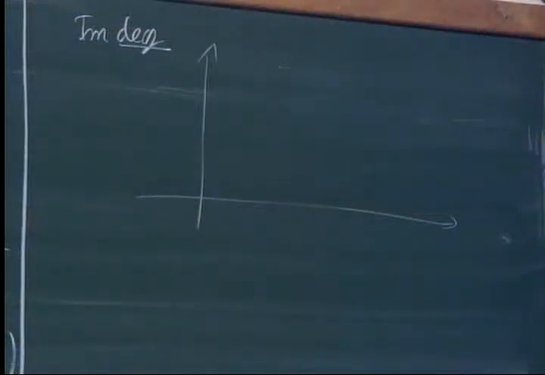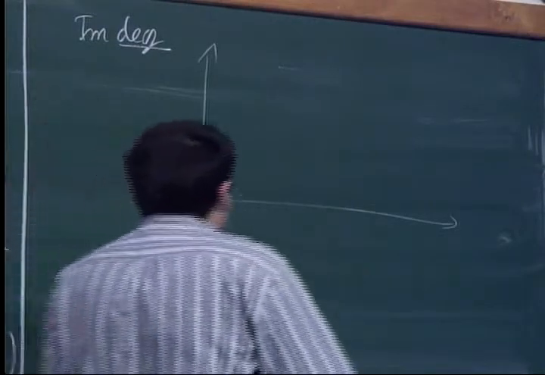So in fact, we always have that e and d are bigger than 0.